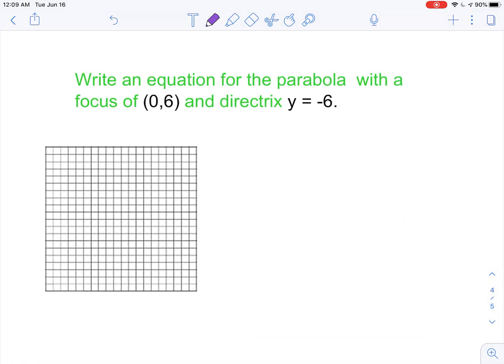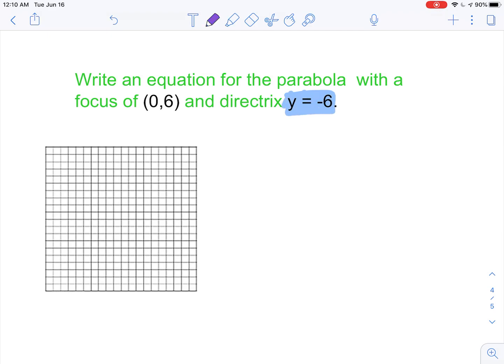Okay, so that is how you find the different values from the equation. But what about when they give you the values themselves and ask you to find the equation? Well, there's a few things we have to pay attention to. First, we have to decide if it is going to be a vertical parabola or a horizontal parabola. We identify that by looking at the directrix.